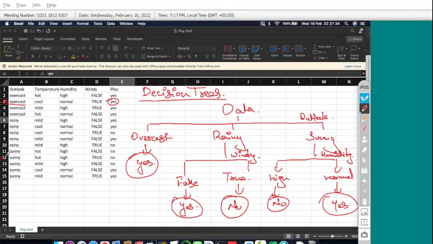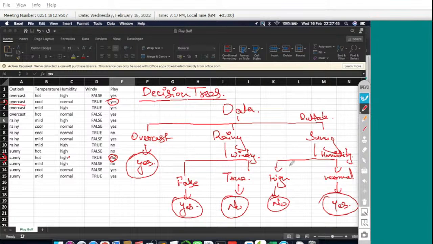Row number 12. The outlook is sunny, right? So we are at this branch. Now after sunny, observe the humidity. In sunny, what is the humidity? High. Humidity is high. We are not playing, and we can see the prediction is no, right?